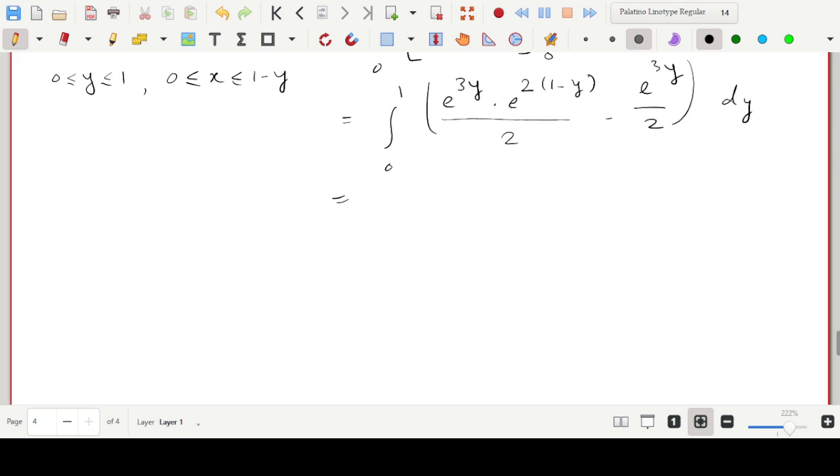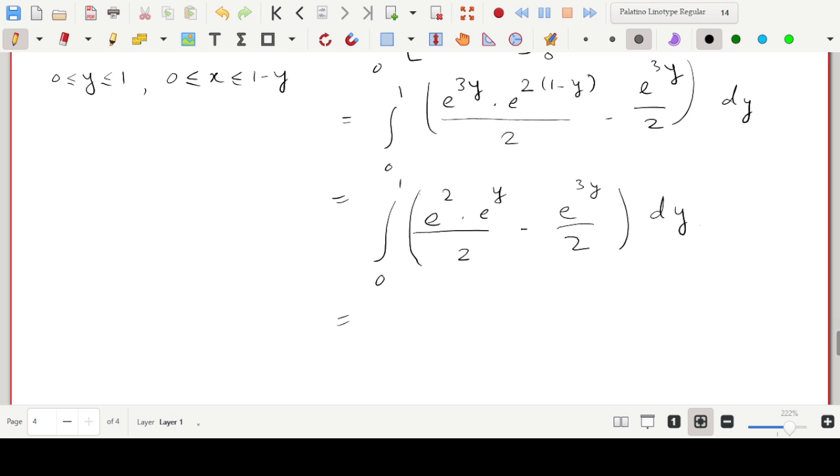Let's see what we get. e to the power 3y multiplied by e squared multiplied by e to the power minus 2y, over 2, minus e to the power 3y over 2, dy.